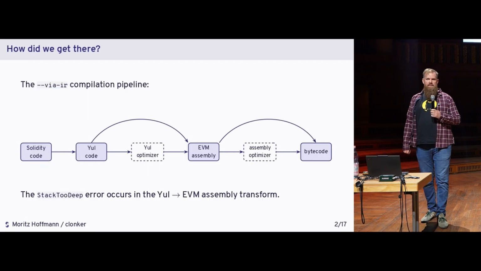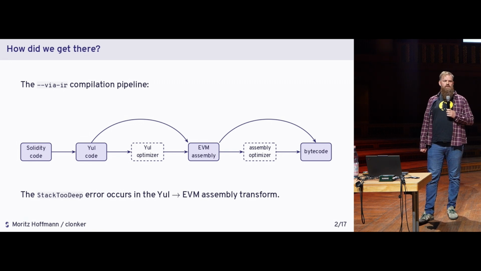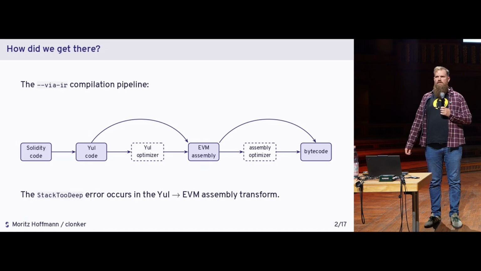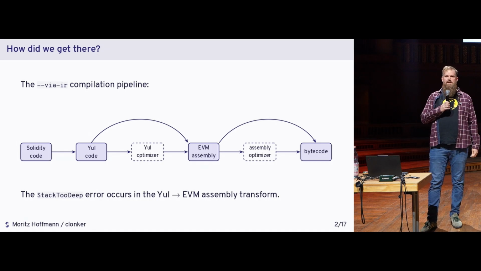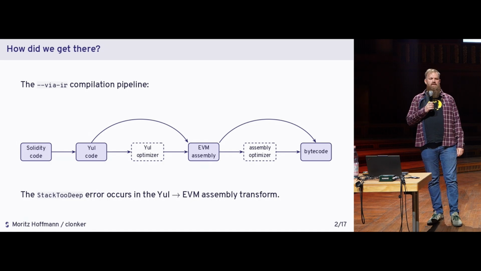So what happens if we do --viaIR, or if we go through UL? We have at the left-hand side Solidity code, which some of you may be familiar with, and then the Solidity code is through a translation layer transformed into UL. So that is this intermediate language between EVM assembly and Solidity.